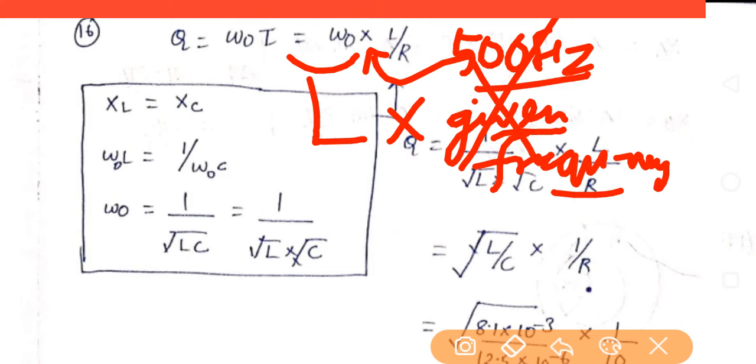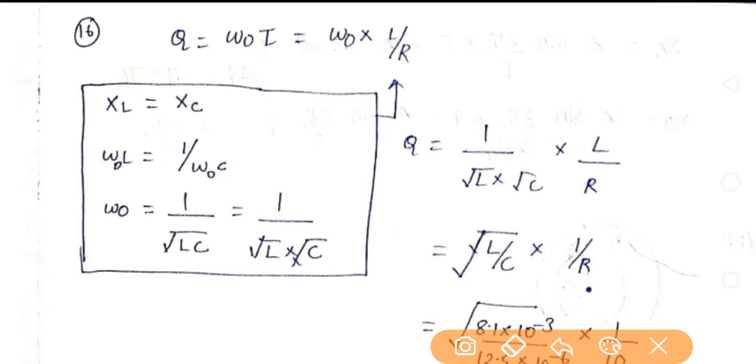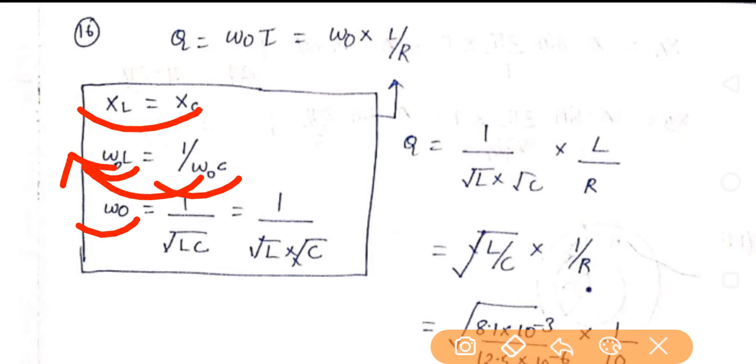Your answer will definitely be wrong. Omega naught is the resonant frequency. How to find it? At resonance, XL is equal to XC. XL means omega naught L. XC means 1 by omega naught C. Bring this omega naught to this side. Omega naught square is equal to 1 by LC. Omega naught is equal to 1 by root LC. So root LC can be written as root L into root C.